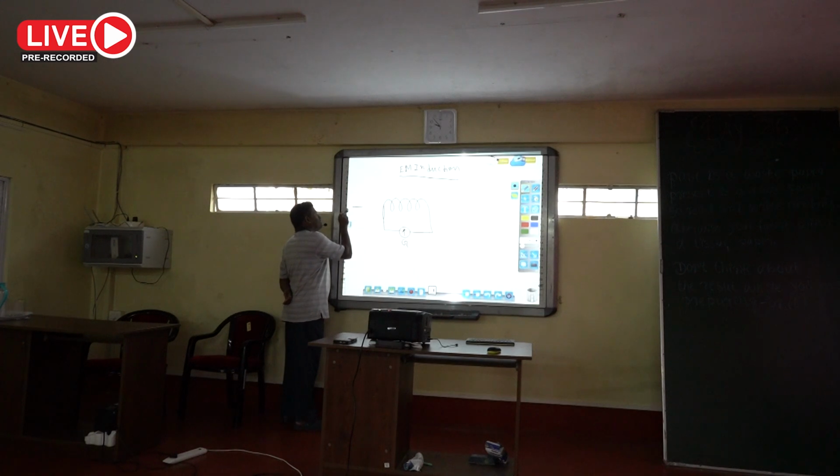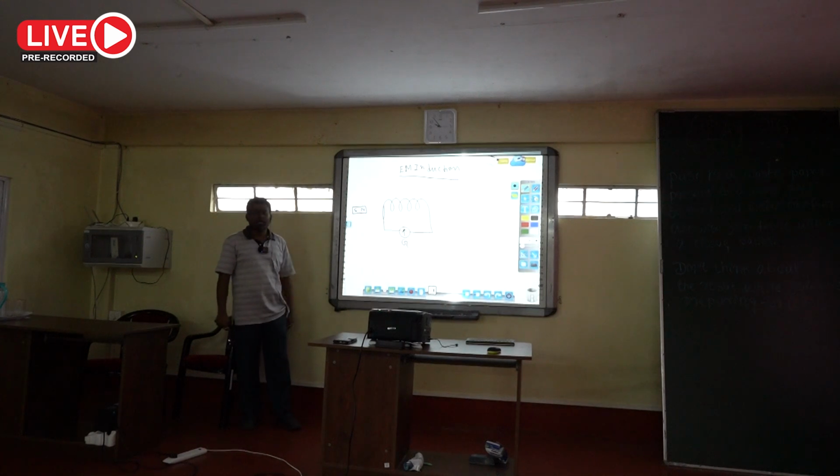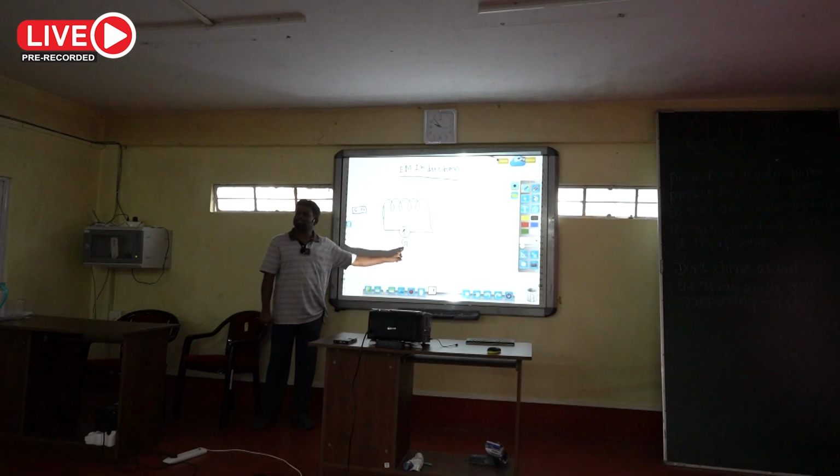Now consider a bar magnet, with a north pole and a south pole. So Faraday put this bar magnet in front of this coil at a certain distance from the coil, and observed whether there is a deflection in the galvanometer or not.